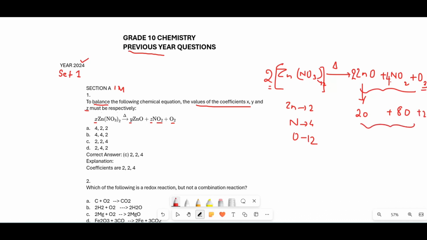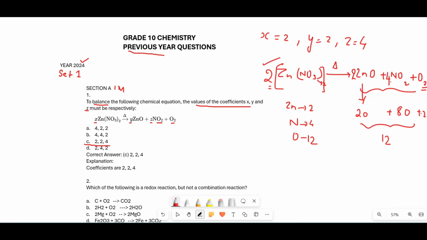So oxygen atoms overall are balanced. Okay. So the coefficients are x is 2, y is again 2 and z is 4. So our options are 2, 2, 4. 2, 2, 4 is actually option C.